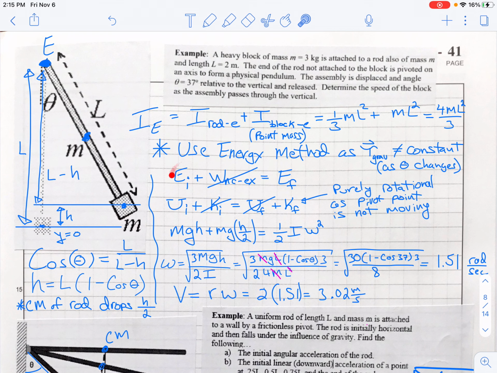So we have our initial energy plus the work external or non-conservative, which there is none, we're ignoring drag, equals energy final. At the end, all of the final energy is purely rotational because the center of mass of the rod and the center of mass of the block are as low as they're going to be.